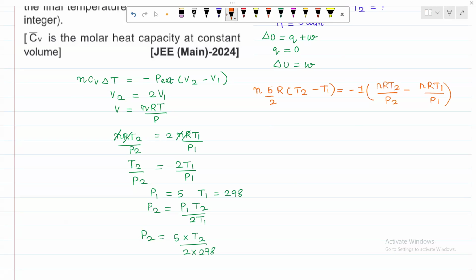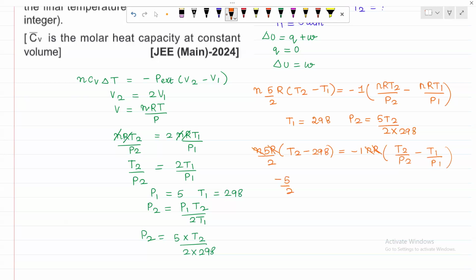So if we solve further, T1 is nothing but 298, and we know that P2 is 5 T2 by 2 into 298. Okay. We're going to substitute this. So we'll be getting 5R by 2 (T2 minus 298), okay, equal to minus 1 times nR (T2 upon P2 minus T1 upon P1). Okay. So nR gets cancelled. We'll be getting minus 5 by 2 (T2 minus 298).